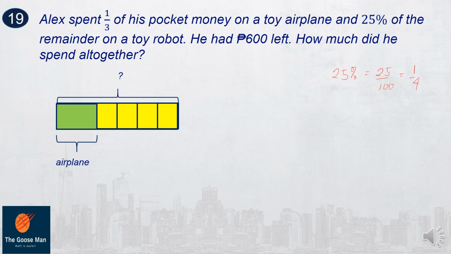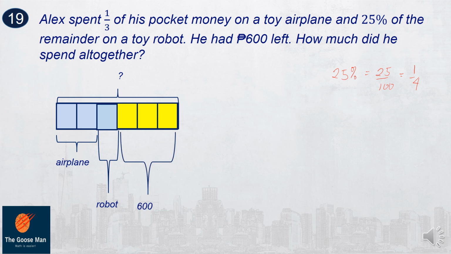It means that we will divide the entire remaining parts into 4 equal parts. So meaning to say, we will divide the other remaining parts into 2 also. And take note that out of that 4 remaining parts, 1/4 was spent for the robot, or 25% of the remainder is dedicated for the toy robot.